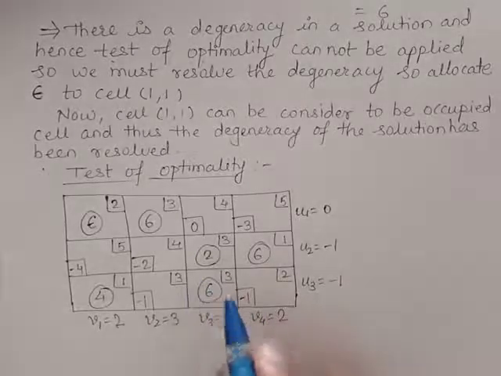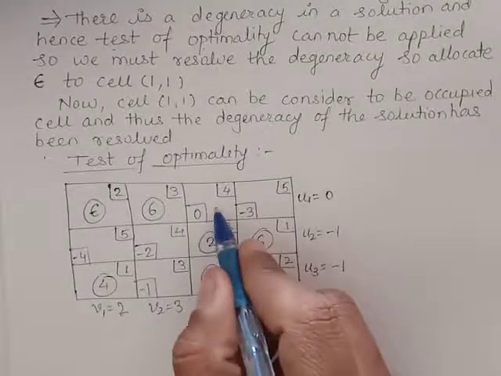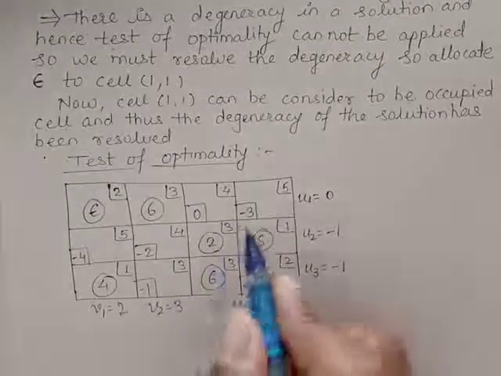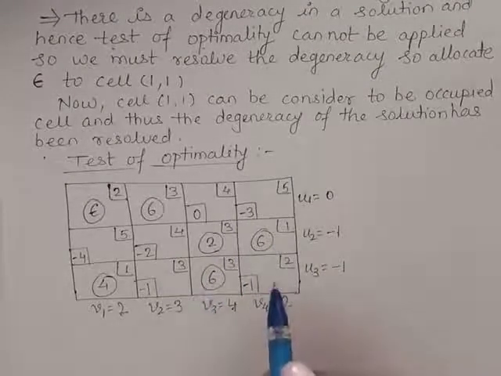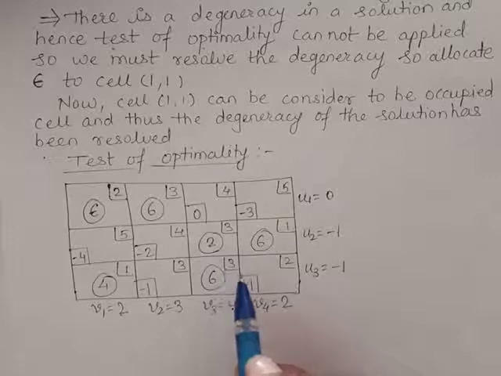So all delta ij are less than or equal to 0. This 0 means it has an alternate solution. So all delta ij less than or equal to 0, what can we say?